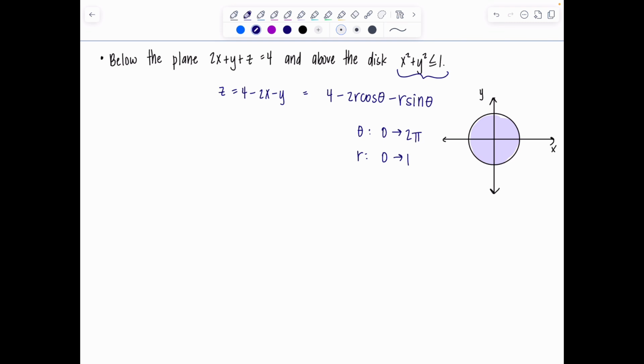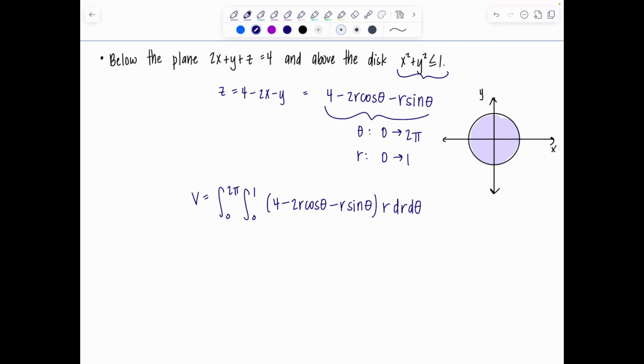Okay, we're ready. So volume is going to be 0 to 2 pi, 0 to 1. Height is given by 4 minus 2r cosine theta minus r sine theta. And then dA is r dr d theta. The setup was easy, but this integral is kind of a pain.